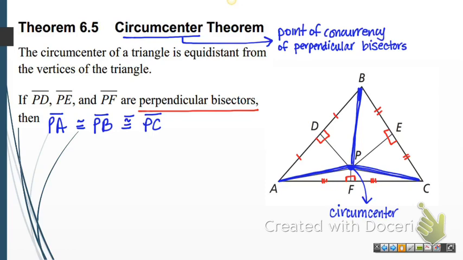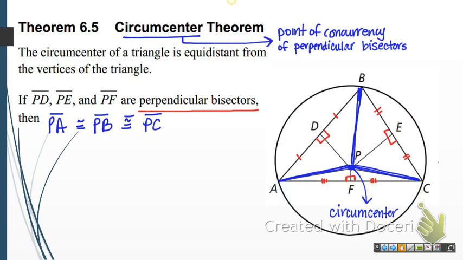So, why is P called the circumcenter? Well, it's really the center of a circle, and the vertices of the triangle A, B, and C are on that circle.